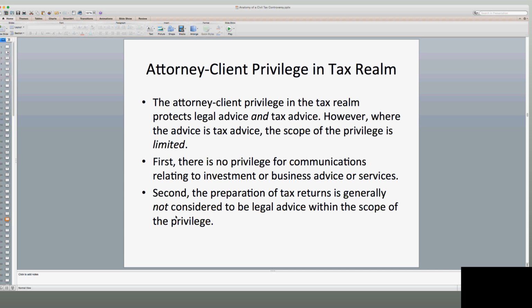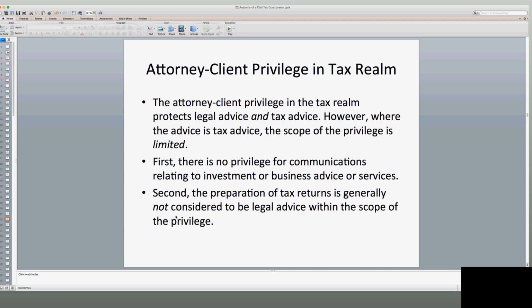Now, the attorney-client privilege in the tax realm provides a more airtight privilege, one that is a notch above the preparer-client privilege.